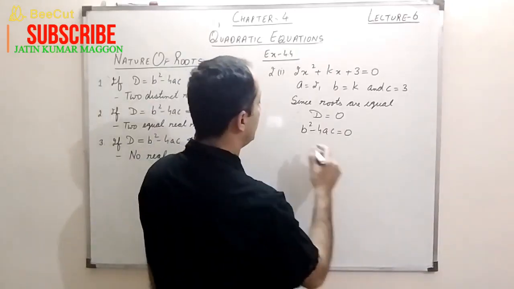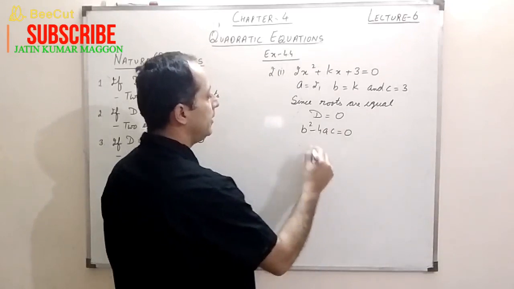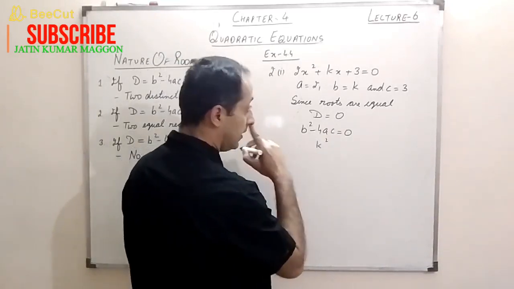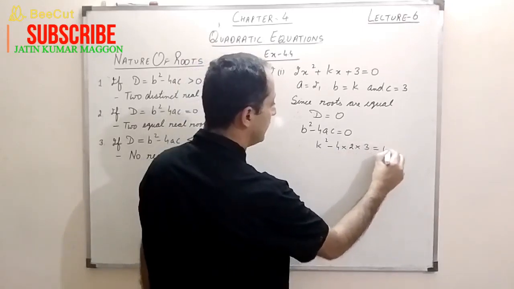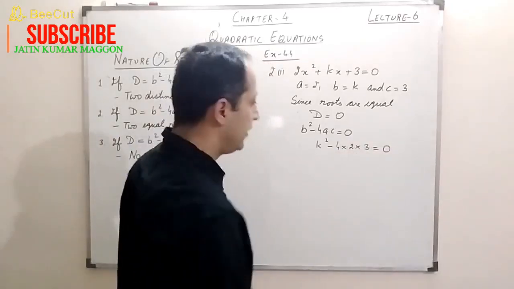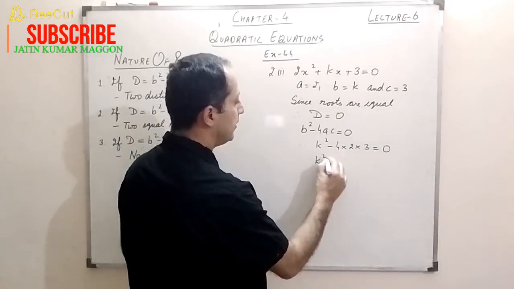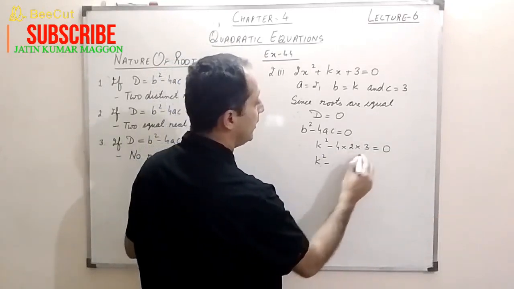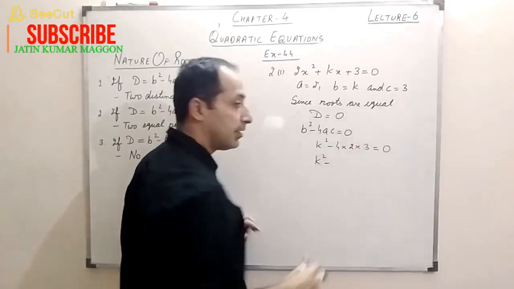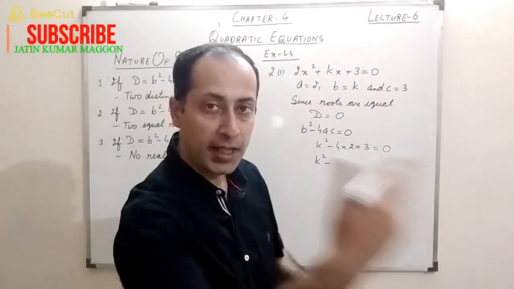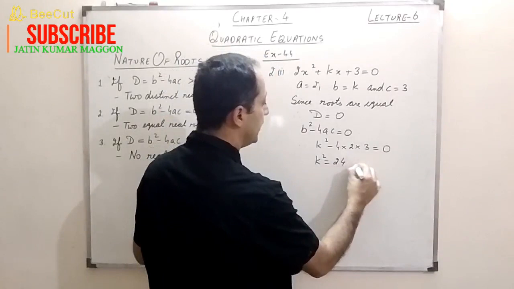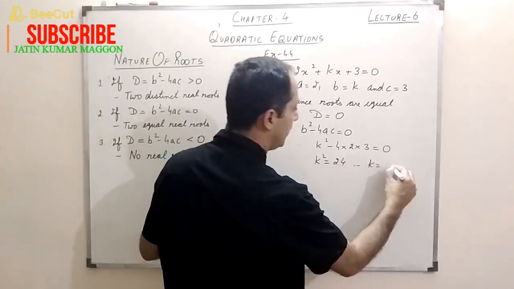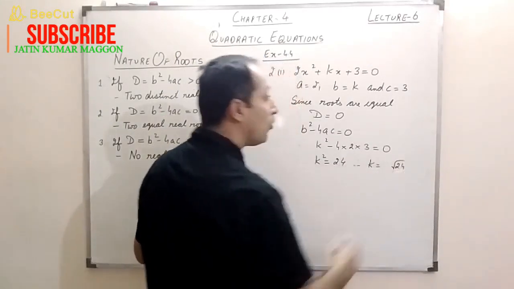Now b square minus 4ac is 0, therefore, now what is b? b is k, so this is k square minus 4 into 2 into 3 equals 0. Right? Now k square minus 24. So I just take this minus 24 to the right side, and what I have is k square equals 24. It means the value of k should be equal to root 24.